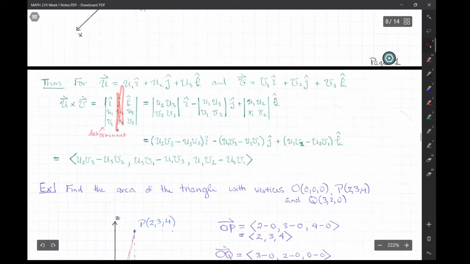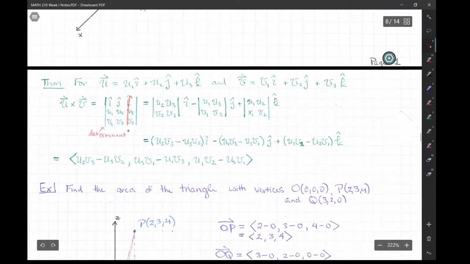And now we cross out this column and this row, and we're left with u1 and v1 and u3 v3. That makes up that square there. And if we find the determinant of that, that's u1 v3 minus v1 u3, and that's that over here.